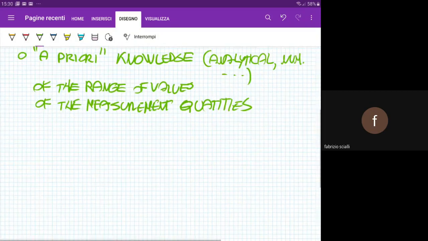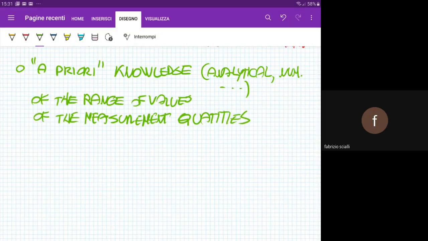Then, if I need to consider some statistical analysis, I need to know the size of the data sets. Two measurements is enough, ten measurements is enough, one million measurements is not enough, for example.